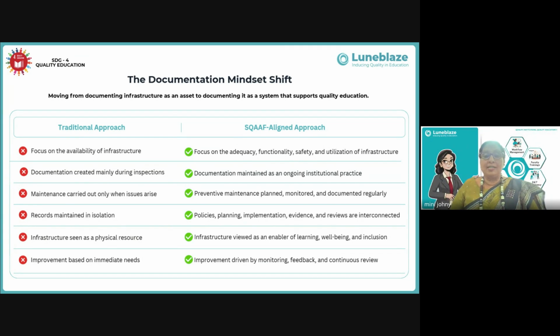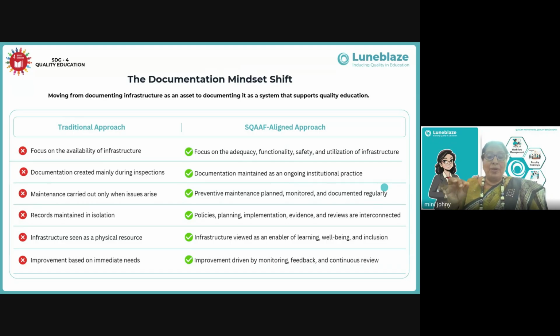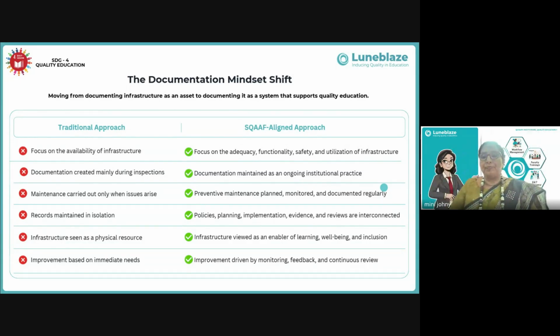Next one, in the traditional approach, what we do is improvement based on immediate needs. Most of the managements, I too have that experience, will ask us, what is needed right now? That is what they do. But they never do what the SQAAF says, that is improvement driven by monitoring, then feedback and feed forward, and continuous review.